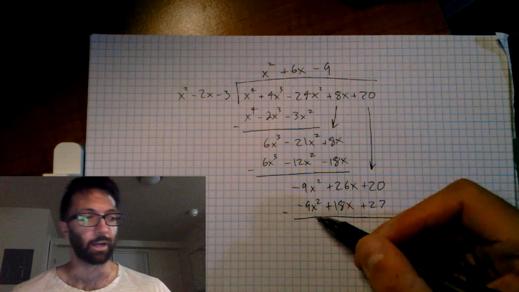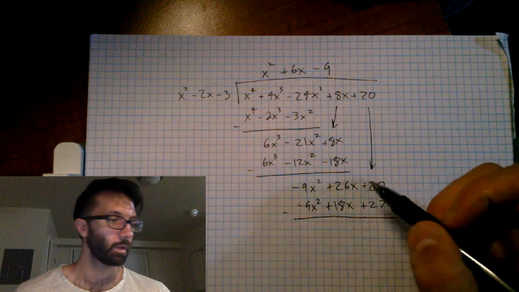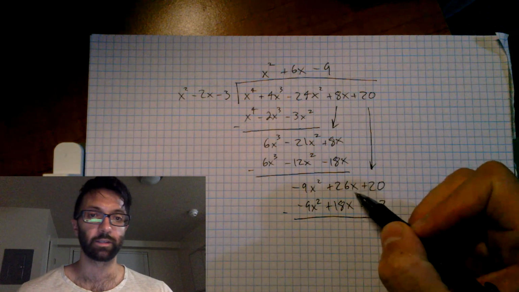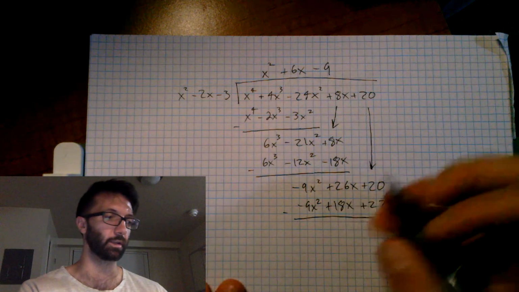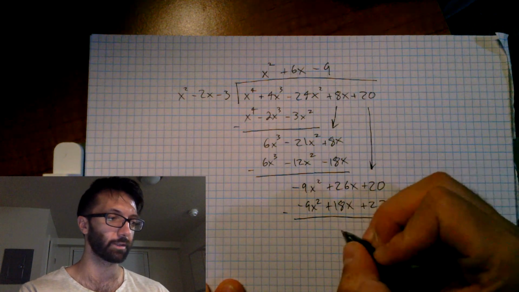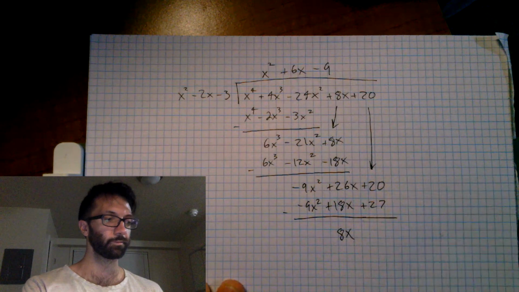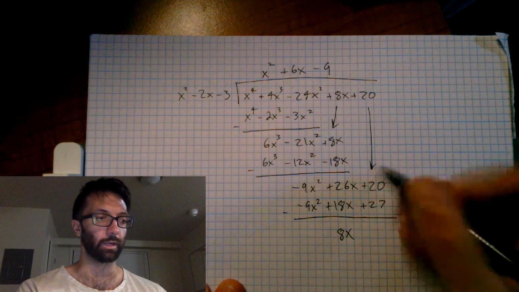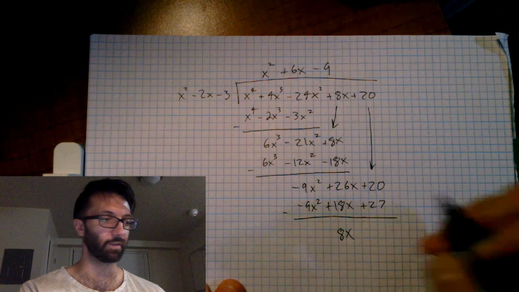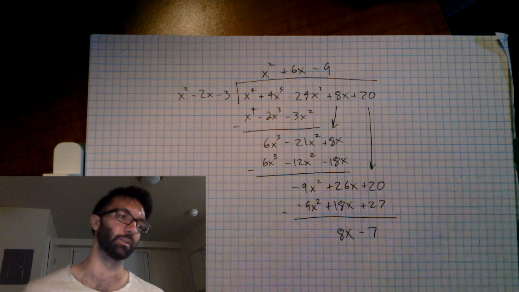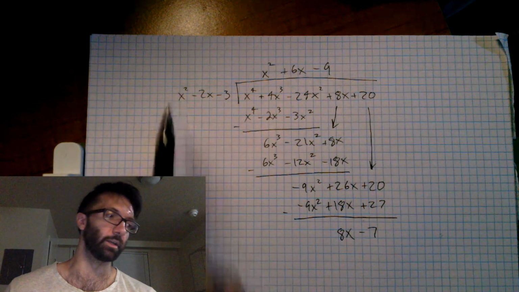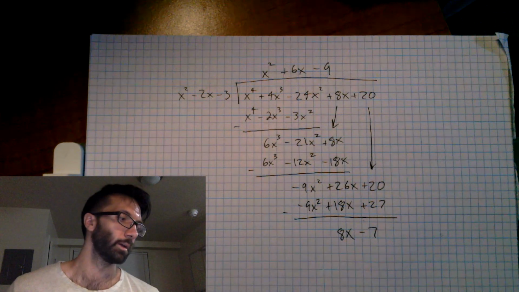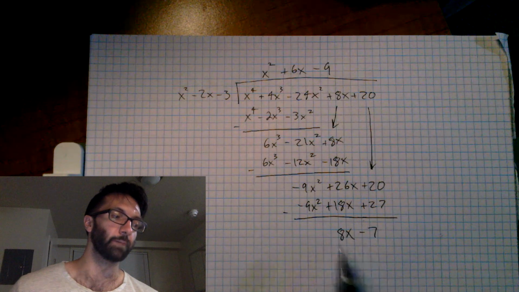Negative 9x squared minus itself is 0. Positive 26x minus a positive 18x is going to be a positive 8x. And then we have 20 minus 27, which is negative 7. Now this here, since x squared does not go into 8x, this here is your remainder.